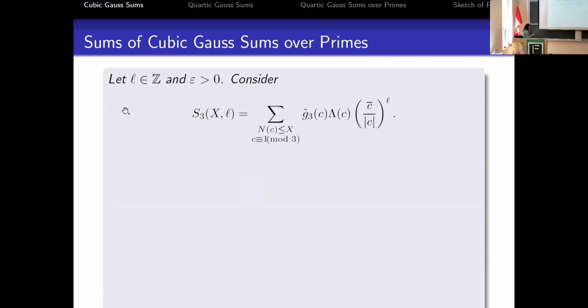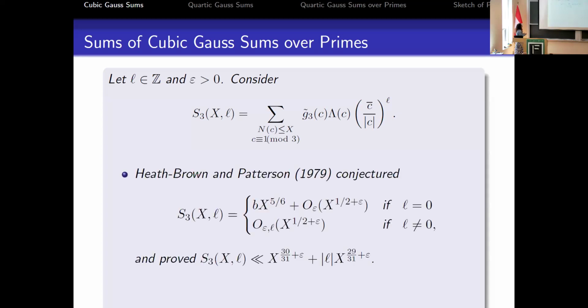And using Weyl's criterion for equidistribution, the way to show equidistribution is to show that the sum is little o of x over log x. And indeed, they did much better than that. Heath-Brown and Patterson, in that paper, made a conjecture. This is based on an earlier conjecture of Patterson in 1978, I think.